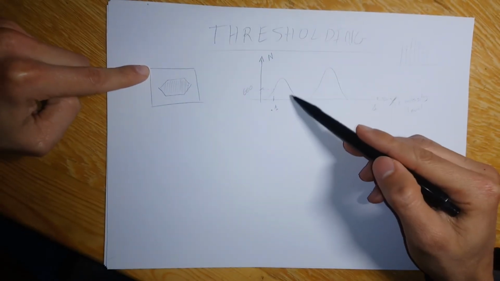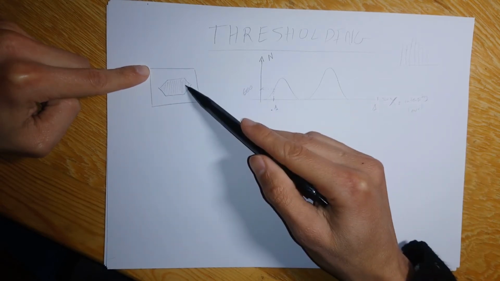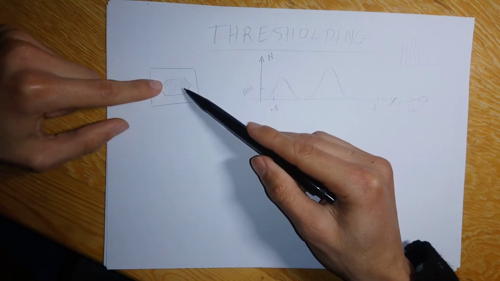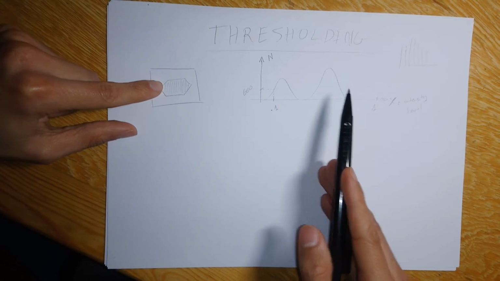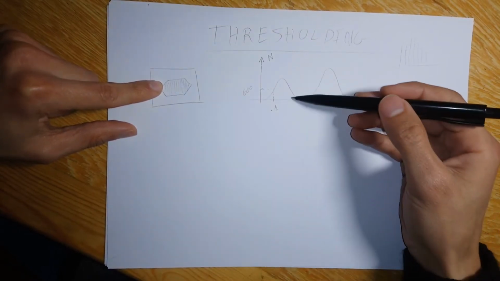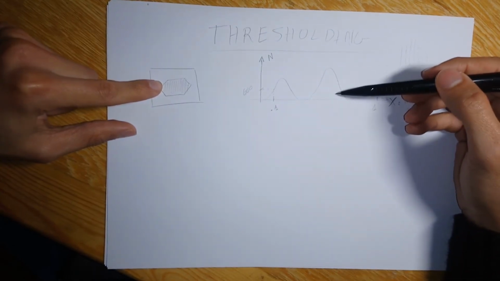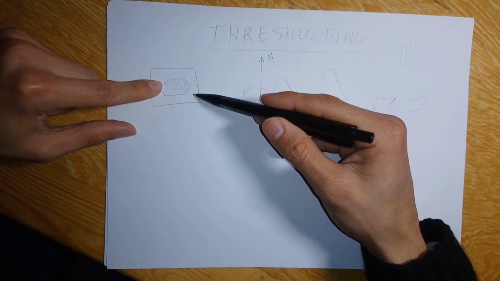And this distribution here belongs to the object. Okay, and the reason, as I said, is just because the object tends to be darker, and this distribution is on the darker side of the intensity level because it takes smaller values. And this distribution here is associated with the background because, as I said, it's more white.